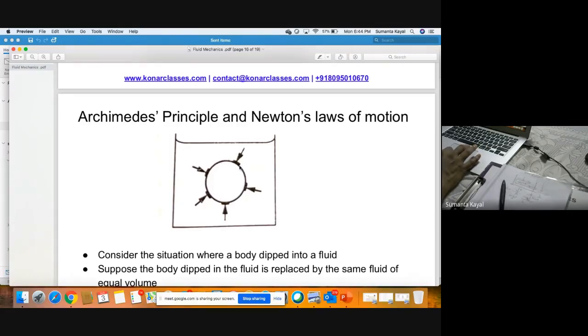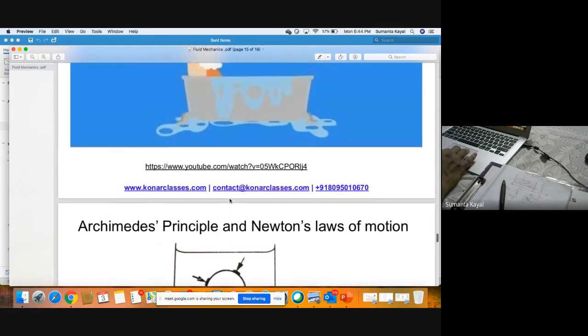So the amount of liquid it is throwing out from that bucket is equal to the force applied to that particular body.